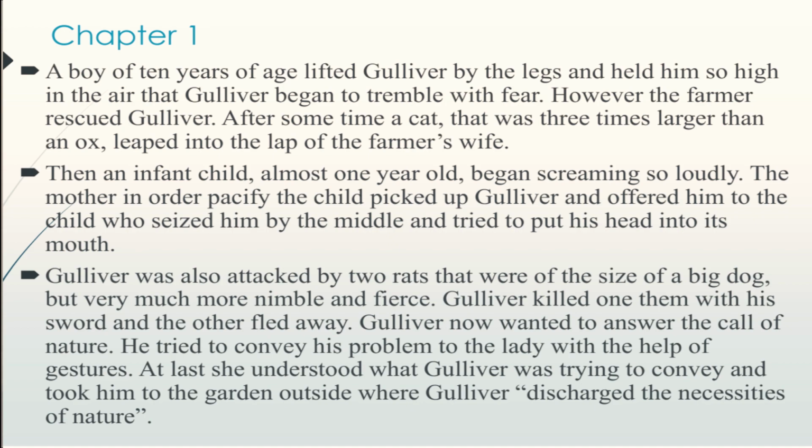Well, if we look at chapter 1 closely, chapter 1 is filled with a lot of comic events. For example, Gulliver confronts giants. Gulliver is faced by a 10-year-old boy, and he is also a toy for a child of 1 year, and he is also attacked by 2 rats that are of the size of dogs.